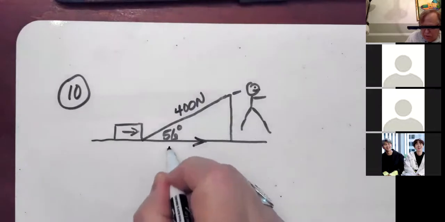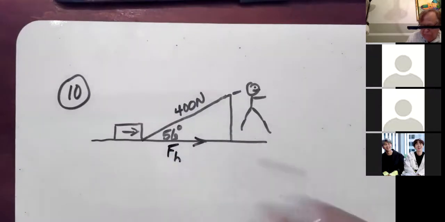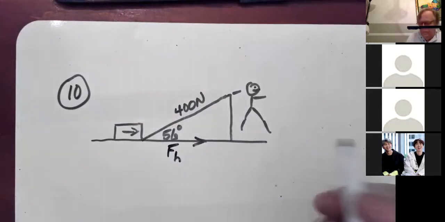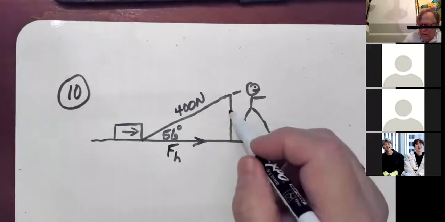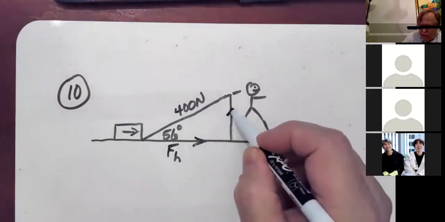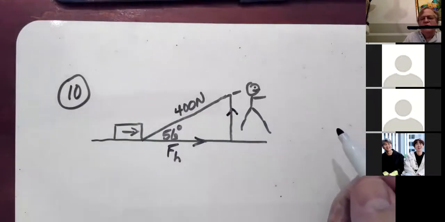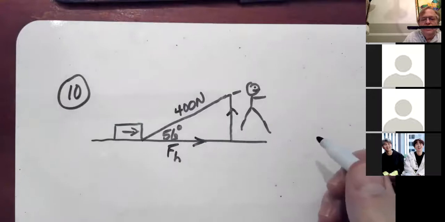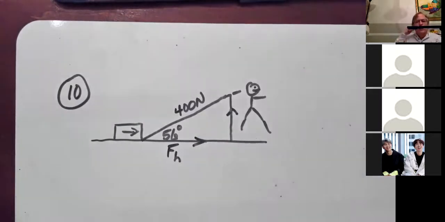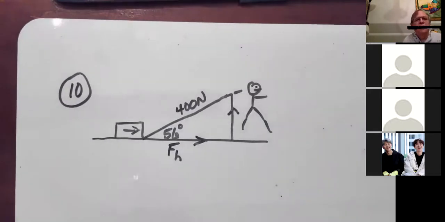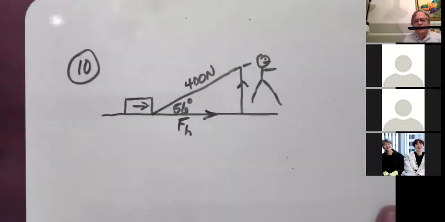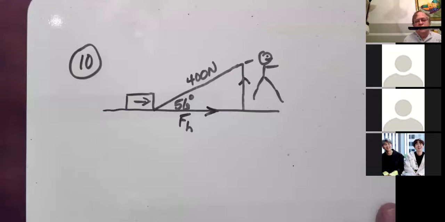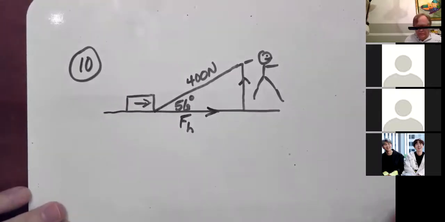We call this one the horizontal force. Then you have this other force where you're wasting some of the force trying to lift it off the ground, but you can't do anything about that. It's kind of like heat in a gasoline engine, a loss of energy we can't do anything about.